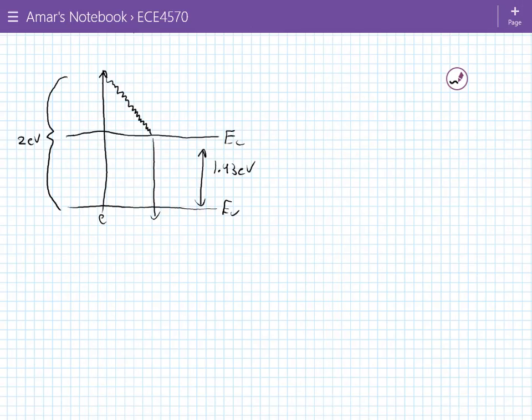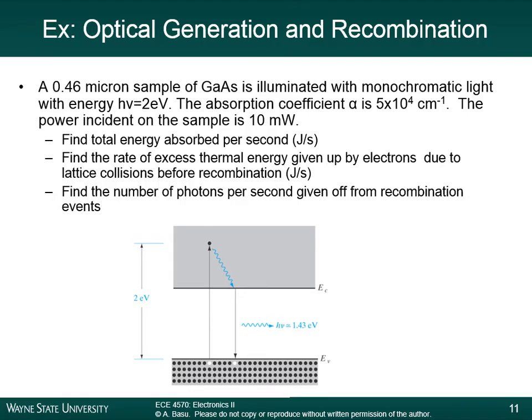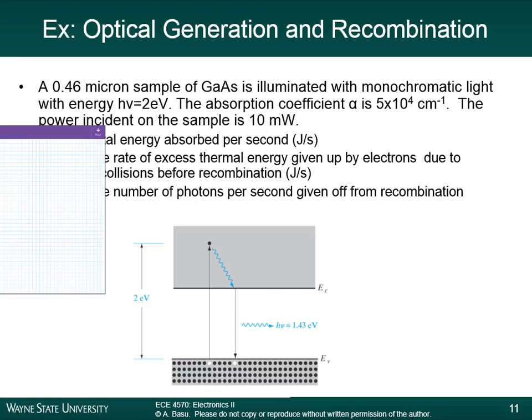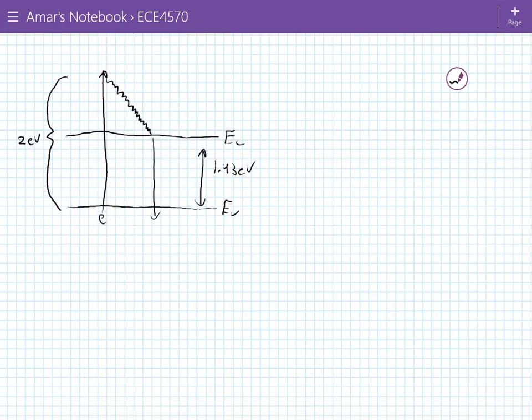So the first part of the question is asking to find the total energy absorbed per second, in joules per second. The absorption coefficient alpha equals 5 times 10 to the 4th inverse centimeters.